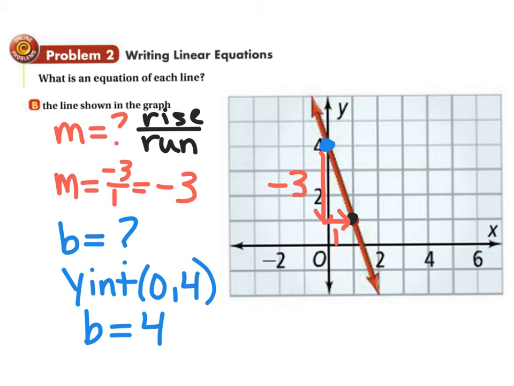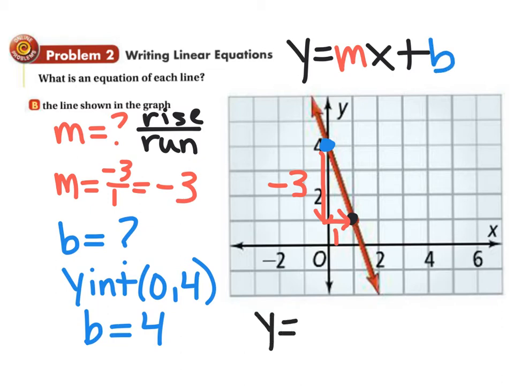So the equation of the line, again, using the y equals mx plus b form, is y equals -3x plus 4.